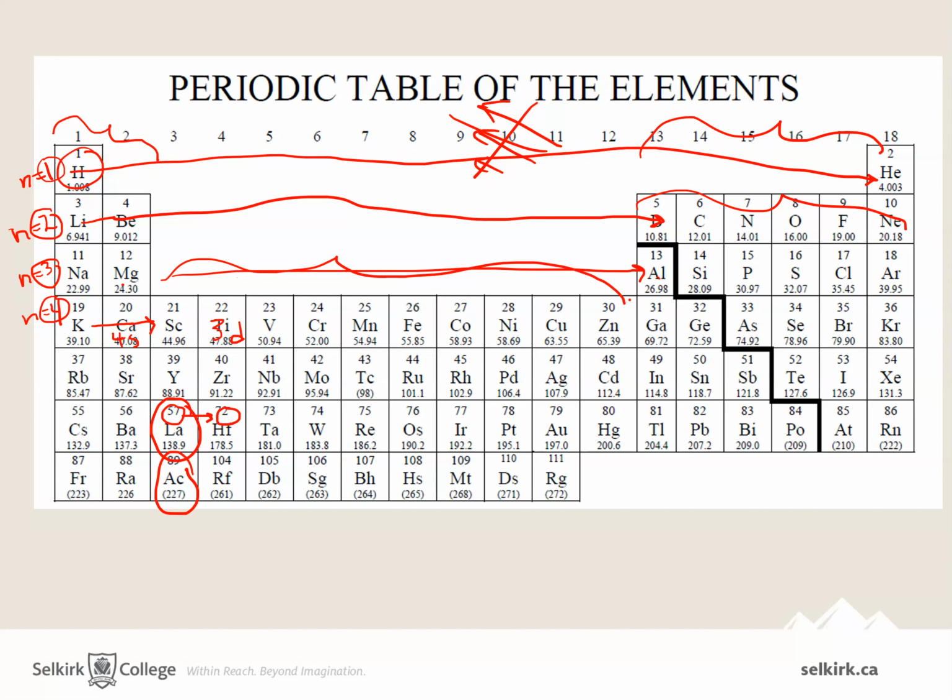And the way I think of that is that the d orbitals first came in at the third energy level. So the first row of the D block is the 3d. After 3d comes 4p, and then 5s, and then 4d, and then 5p, and then 6s.